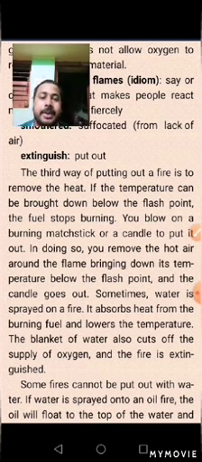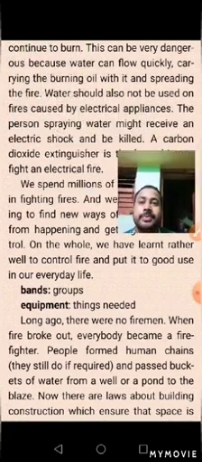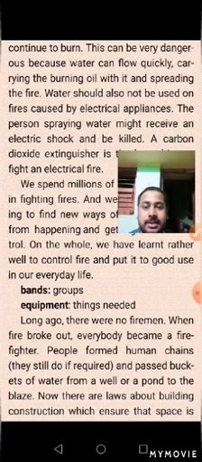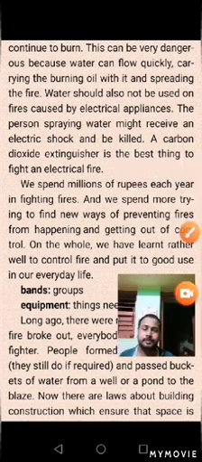If water is sprayed onto an oil fire, the oil will float to the top of the water and continue to burn. This can be very dangerous, because water can flow quickly, carrying the burning oil with it and spreading the fire. So we should avoid spraying water on it.